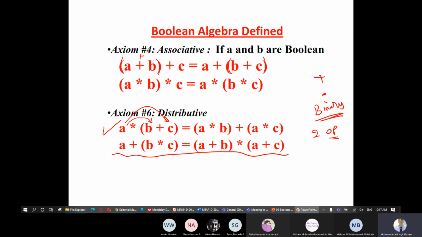This one is a bit strange in mathematics, because we are talking about binary. This is only correct in binary.